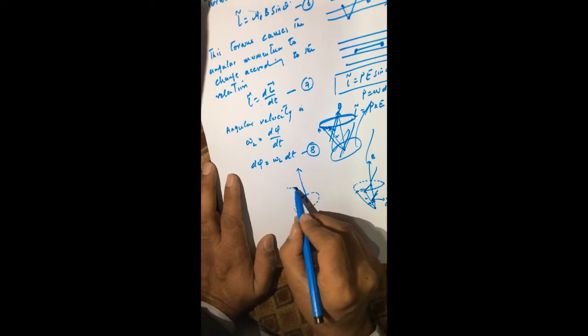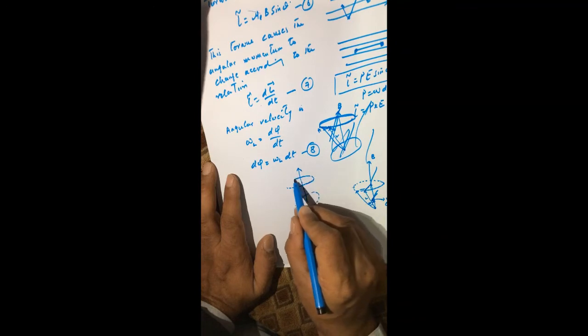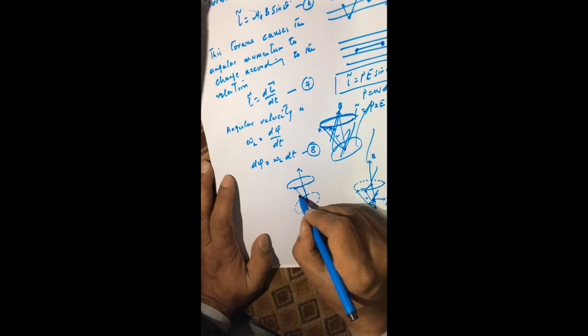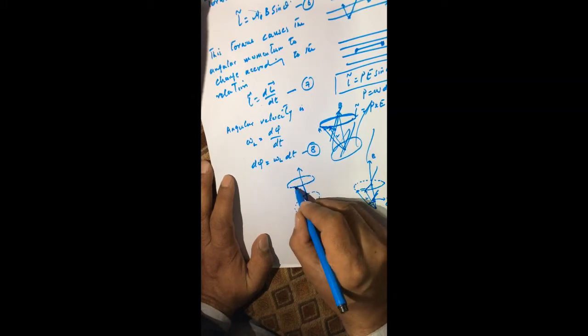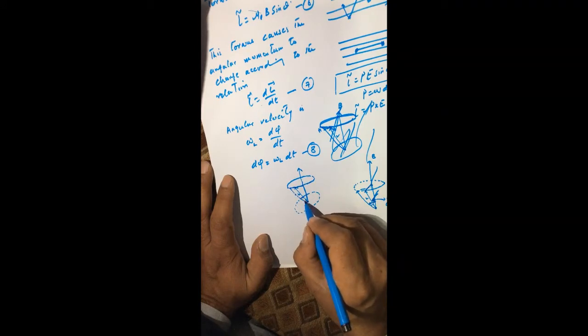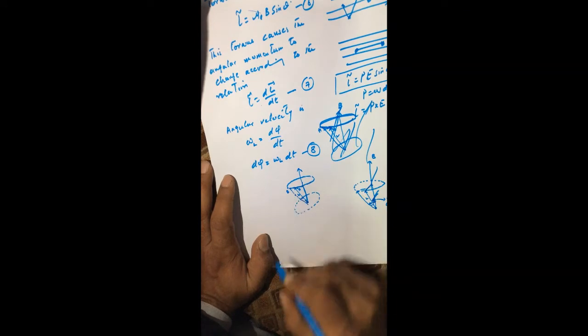It precesses around the external magnetic field this way. So this vector L moves from this point to this point. I call it point A. I call this point B.